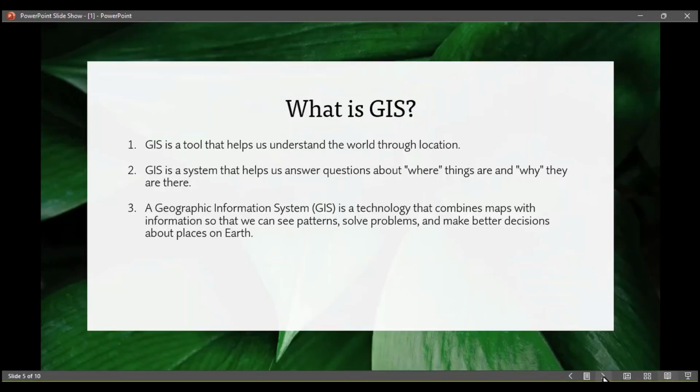That's what GIS does. Also, a GIS is a technology that combines maps with information so that we can see patterns, we can solve problems and make better decisions about places on the earth.